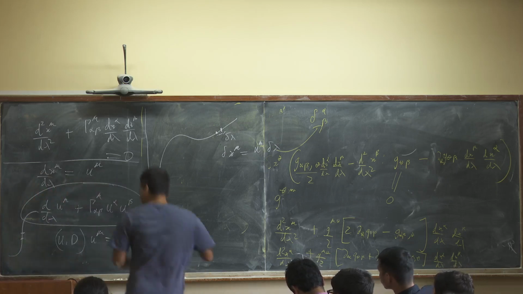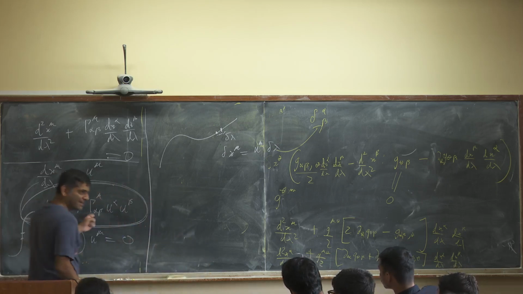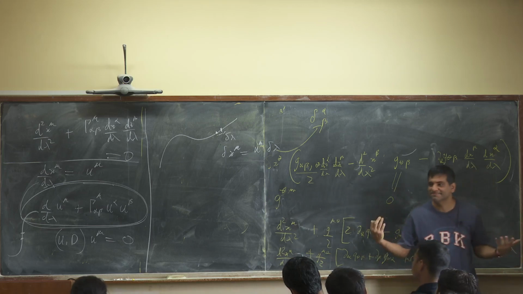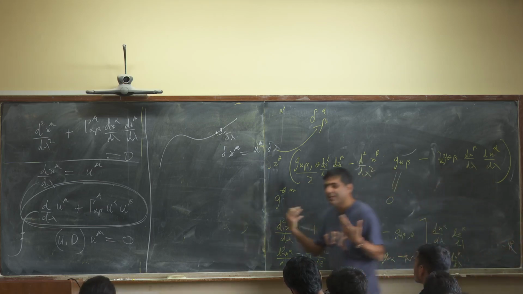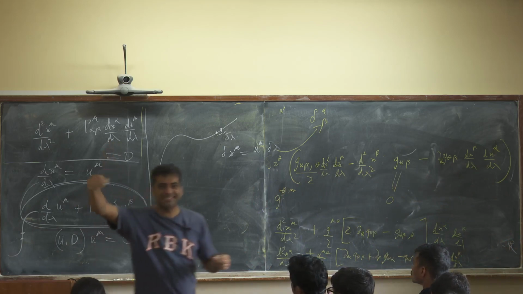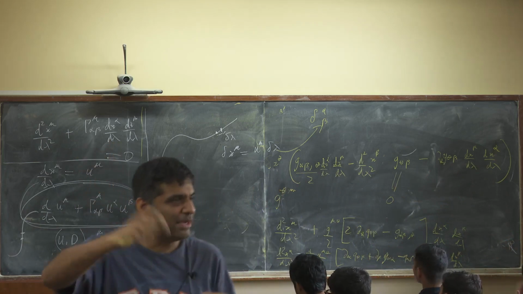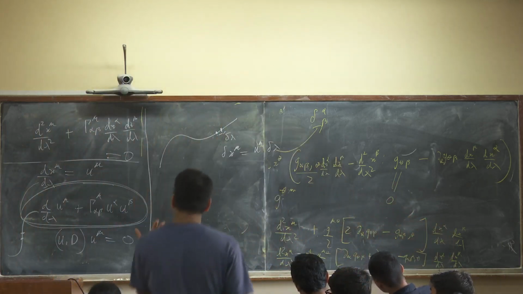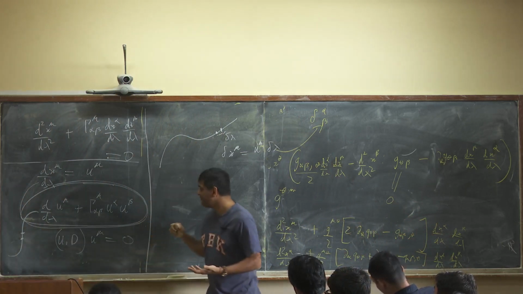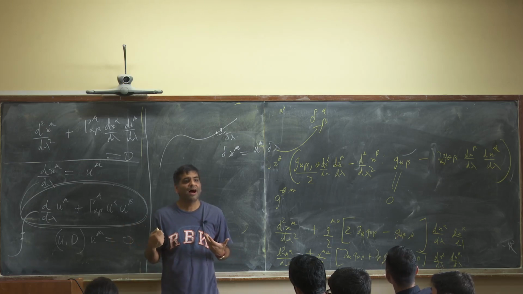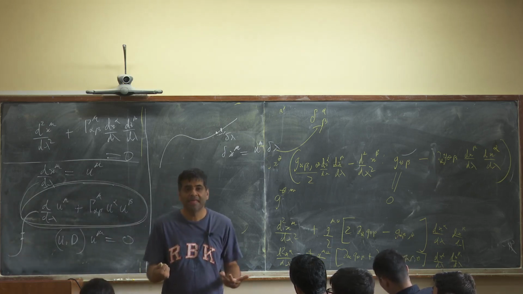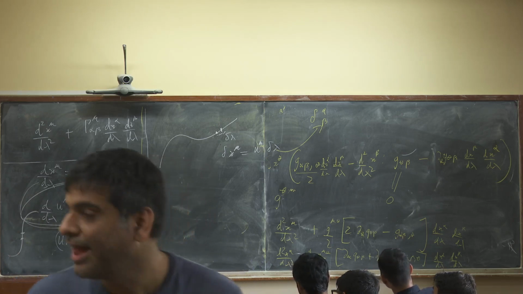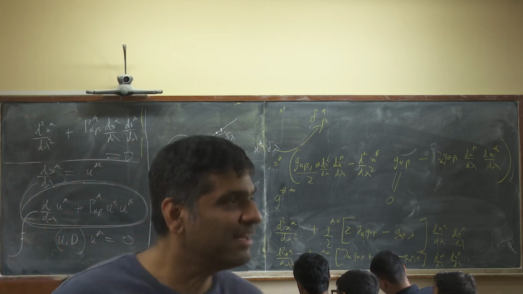Okay? So this is the covariant version of the statement that the acceleration of a free particle vanishes. So the equation of motion we got by minimizing the length of the particle, the geodesic equation, is essentially a covariantized version of the statement that the acceleration of a particle vanishes.